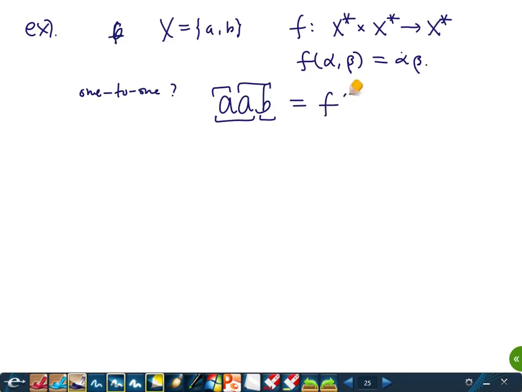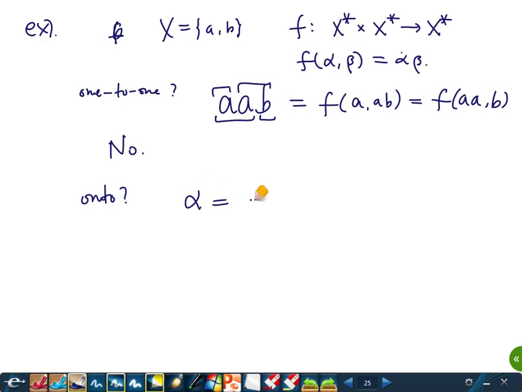This is f of the same thing, either A comma AB or AA comma B, but they are different. So it's not one-to-one. And onto? Can you always write something as a concatenation? Yes, because we have the empty null string. Any alpha is lambda concatenated with alpha, which is f of lambda comma alpha. So yes, we can always find this. So it is not one-to-one, but it is onto.